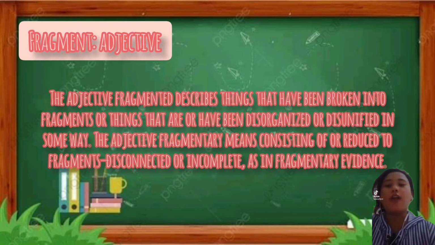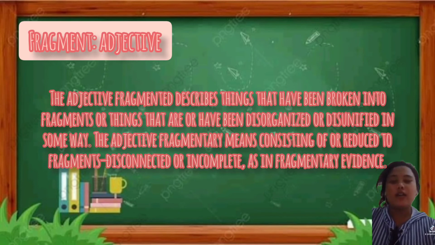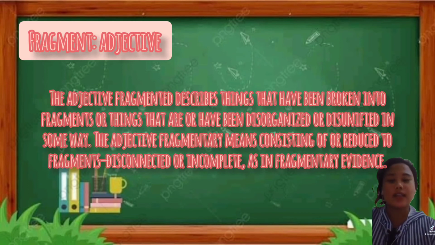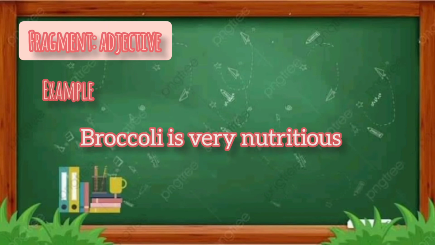The adjective fragmentary means consisting of or reduced to fragments, disconnected or incomplete, as in fragmentary evidence. So the meaning of the adjective fragment is disorganized, or not well-arranged sentences or paragraphs, expressing a lack of, or incomplete, information.